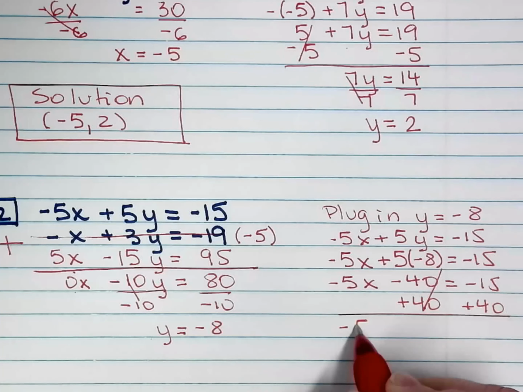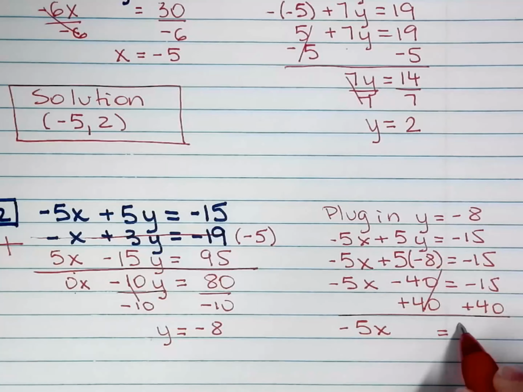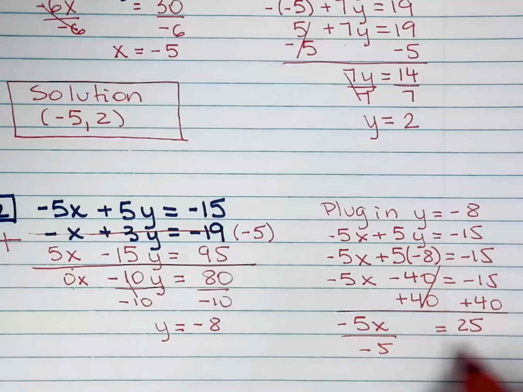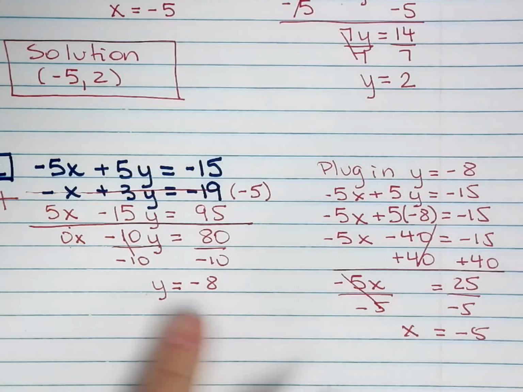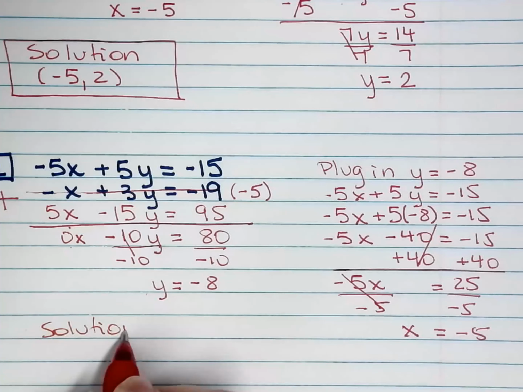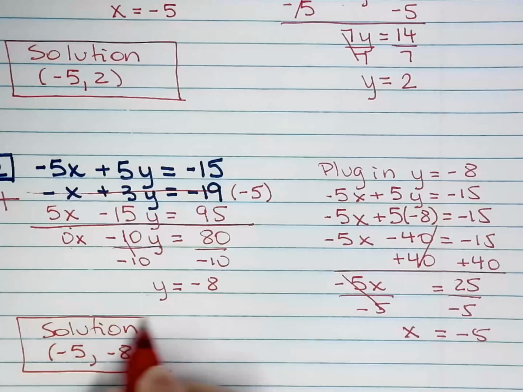That's 0. I have negative 15 plus 40 is 25. Divide by negative 5. That's 1. So x equals negative 5. So I have x and I have y. My ordered pair here, the solution, is negative 5 for x, negative 8 for y. That's the ordered pair.